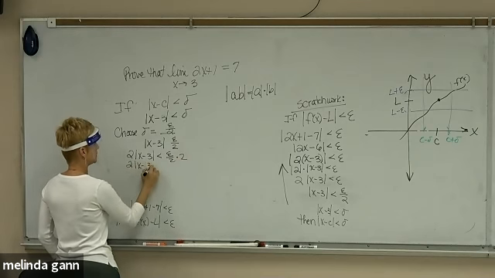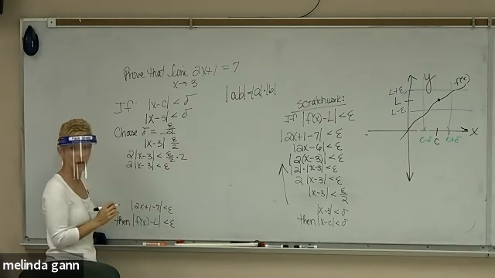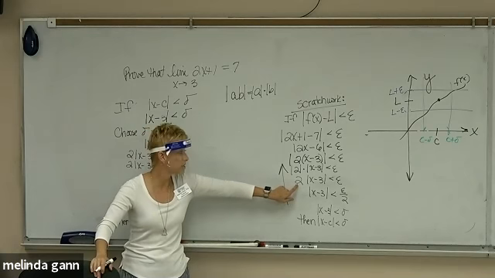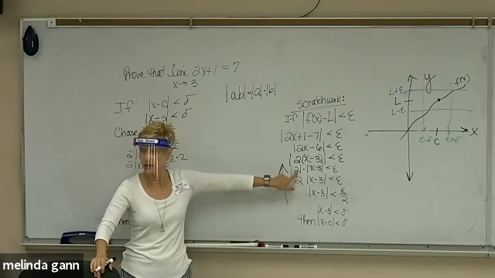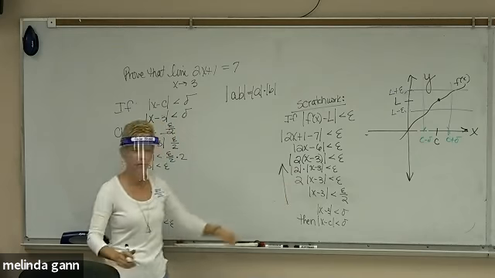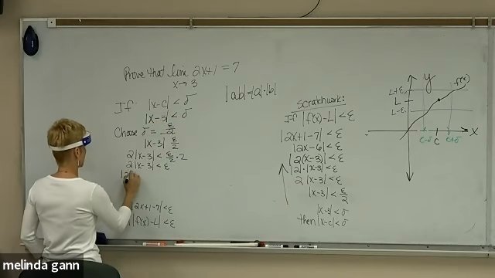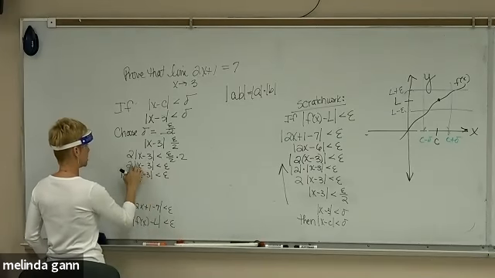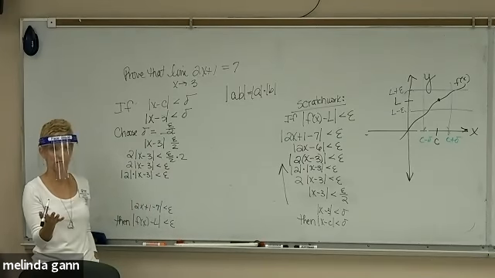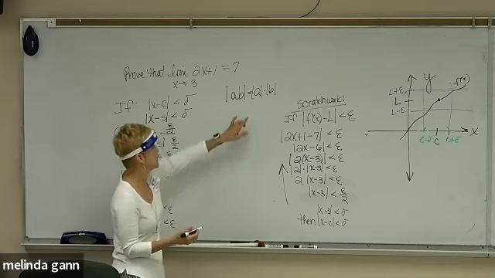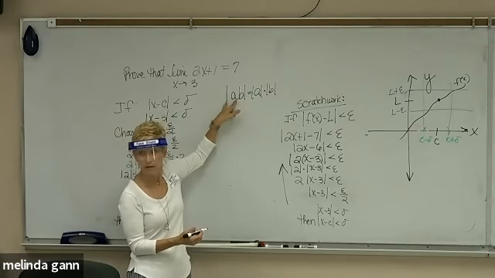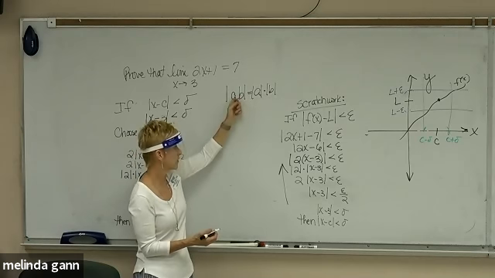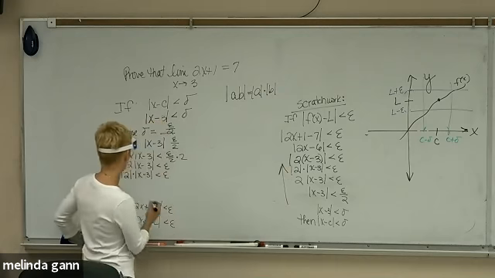Aren't they going to go out and leave you epsilon? Now, what happens next? What am I going to replace 2 with? Isn't 2 the same thing as the absolute value of 2? So all I did was replace something. 2 and the absolute value of 2 are mathematically the same. Now, do you see that I'm about to take this property and reverse it? The absolute value of one thing times the absolute value of the other thing is the absolute value of their product. See, I'm just reversing it.